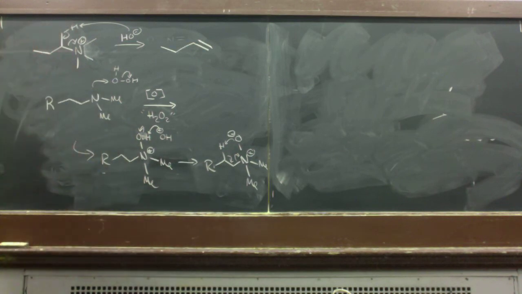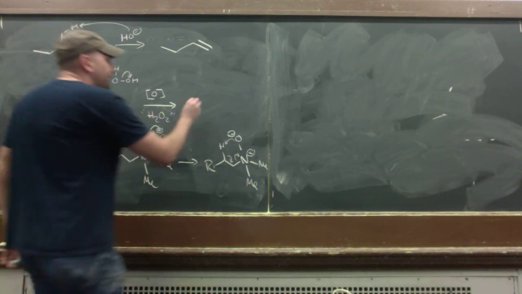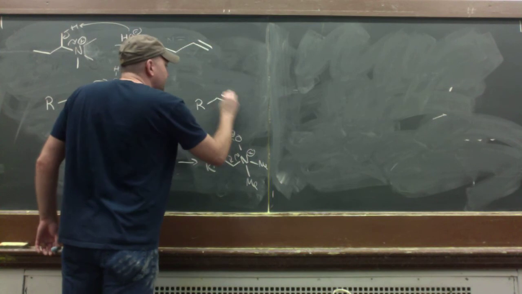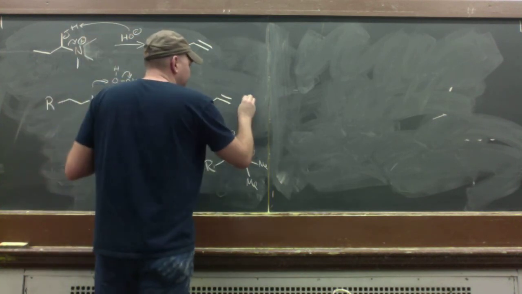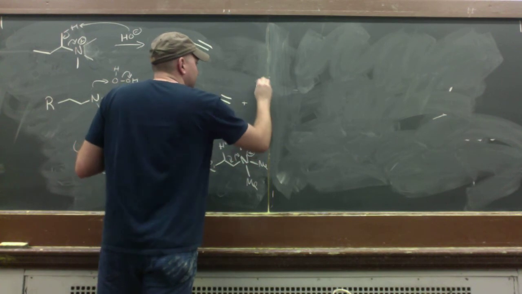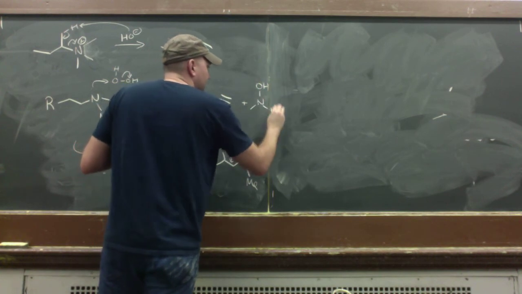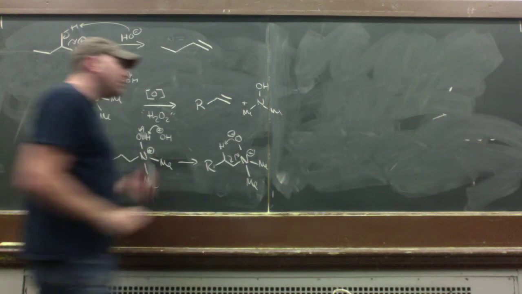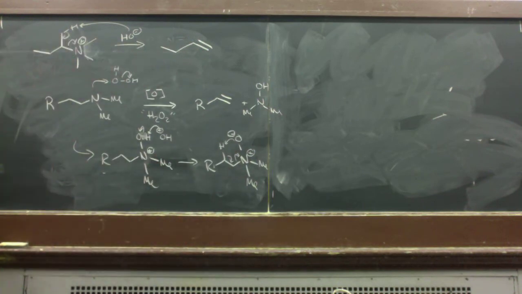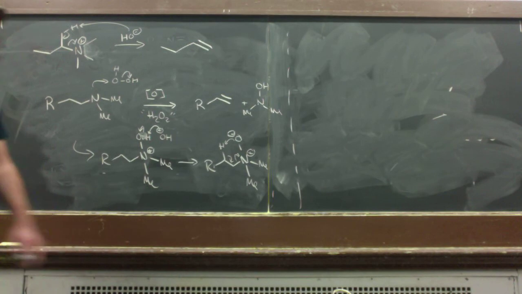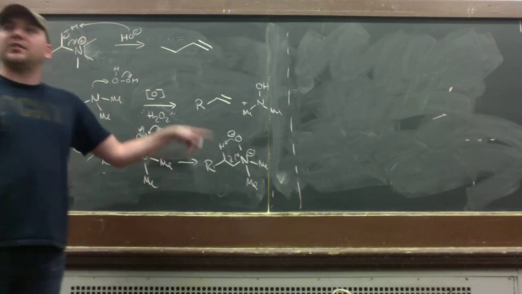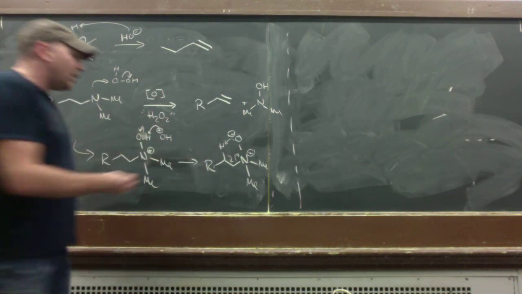The net result is that you get that alkene, and the overall reaction liberates this hydroxylamine. That's of secondary importance. The more important thing is that this ends up being a concerted process, and this is what we would call a syn elimination.